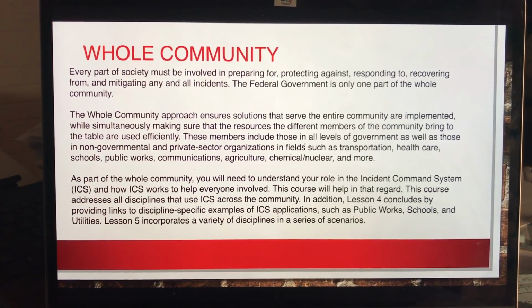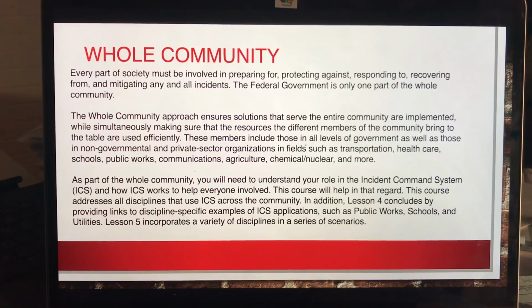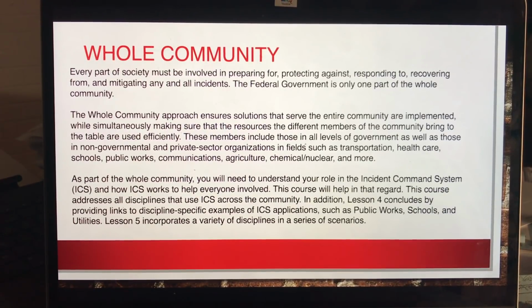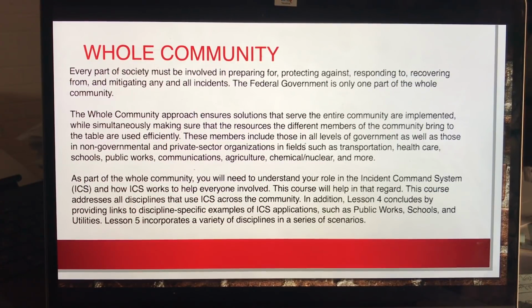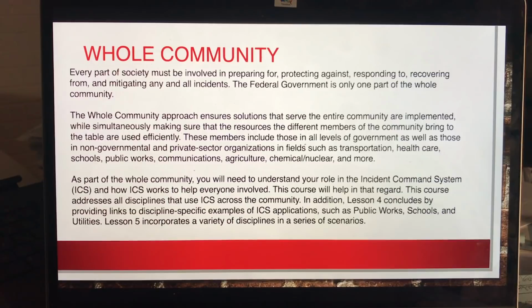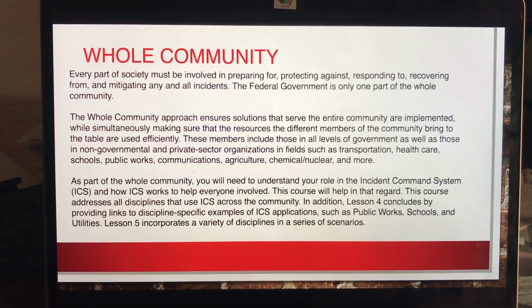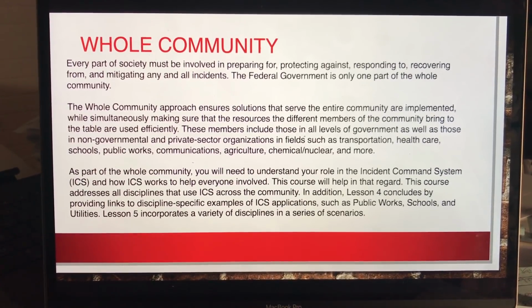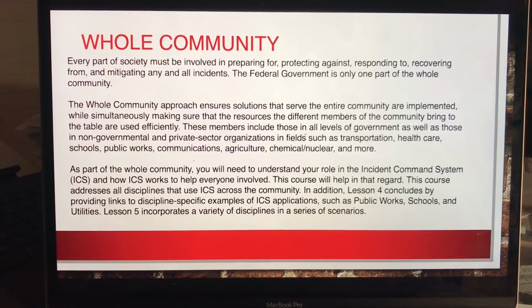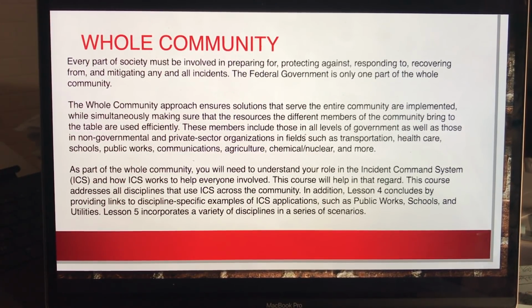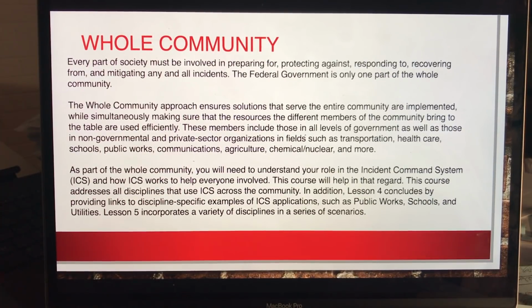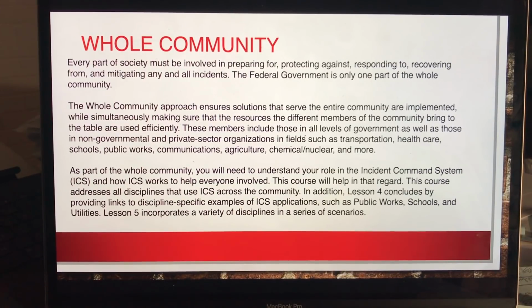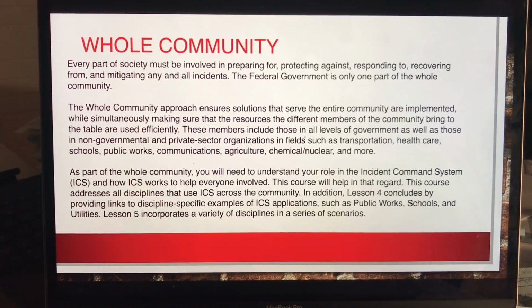Whole community. Every part of society must be involved in preparing for, protecting against, responding to, recovering from, and mitigating any and all incidents. The federal government is only one part of the whole community. The whole community approach ensures solutions that serve the entire community are implemented, while simultaneously making sure that the resources the different members of the community bring to the table are used efficiently and effectively.